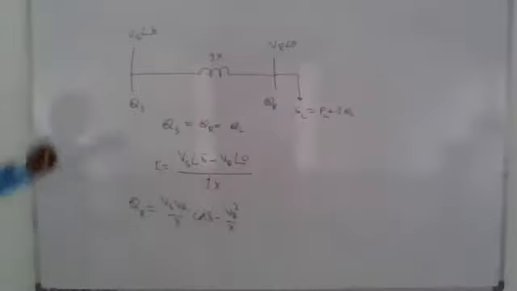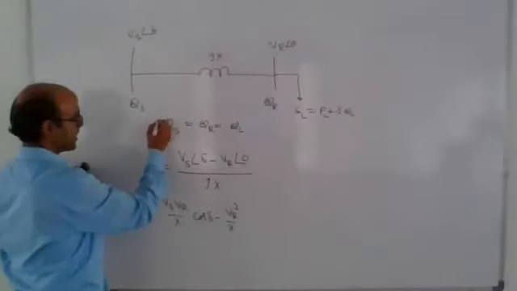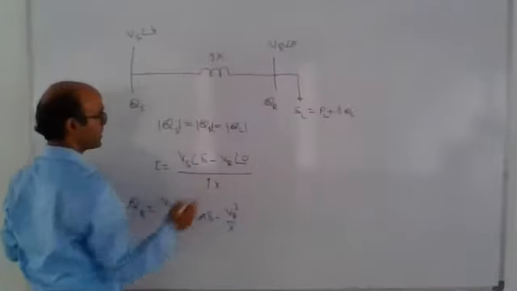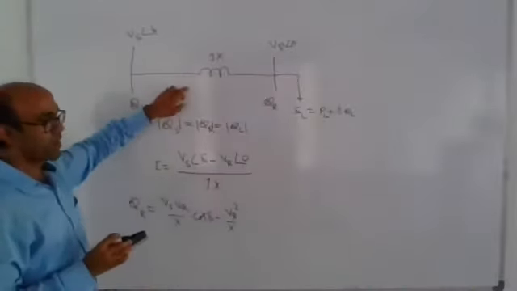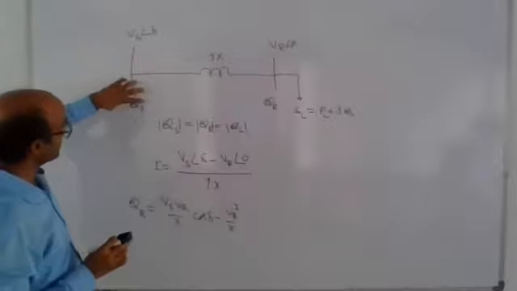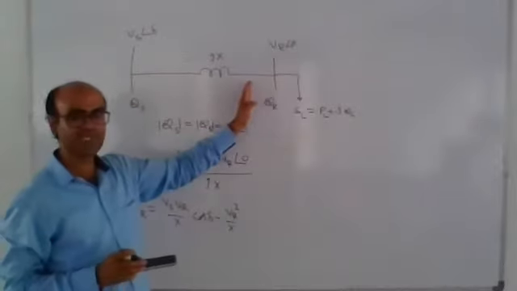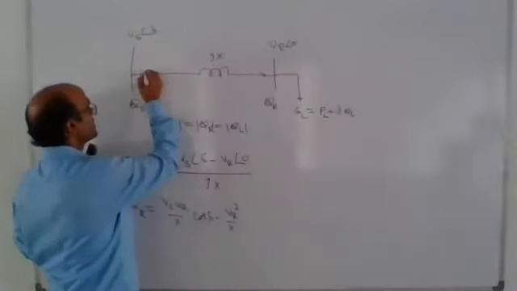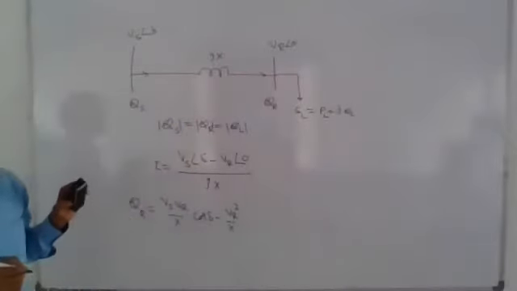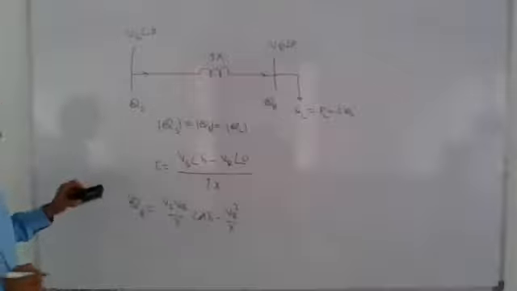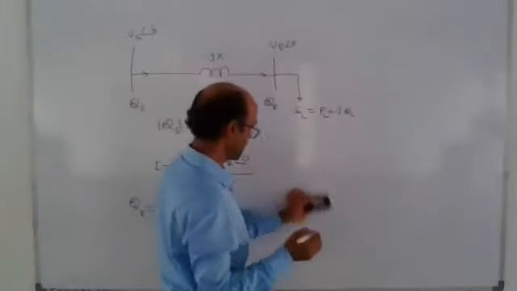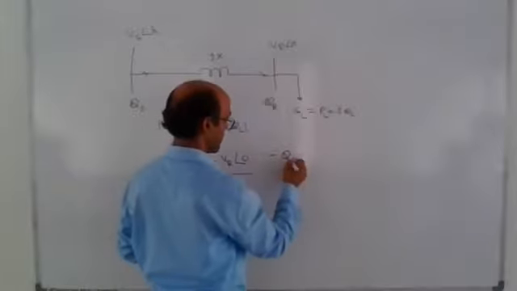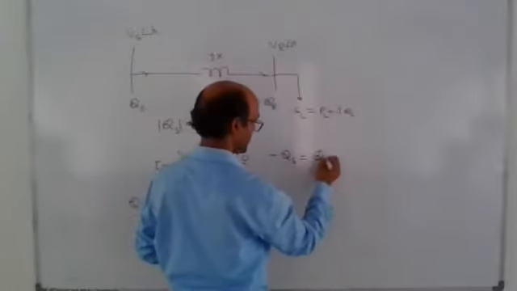So their magnitude I am assuming the same. Magnitude same means there is no reactive power loss. Whatever is outgoing, this is outgoing and QR is incoming. If you take outgoing as negative, as you apply KCL, this is outgoing and this is incoming.